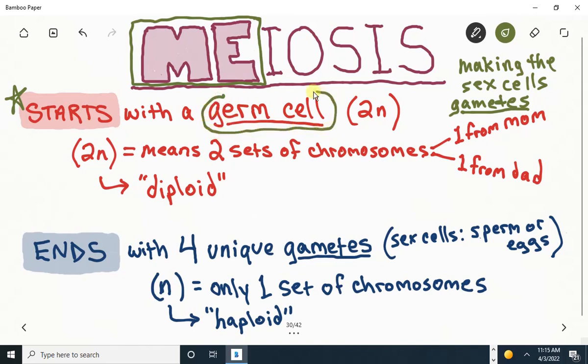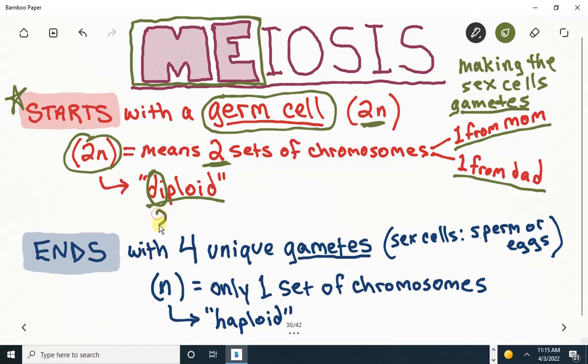And a germ cell is already 2N. That means it has two sets of chromosomes, one set from mom and one set from dad. And so 2N is going to be called diploid. The di in diploid means two, so you can remember that.